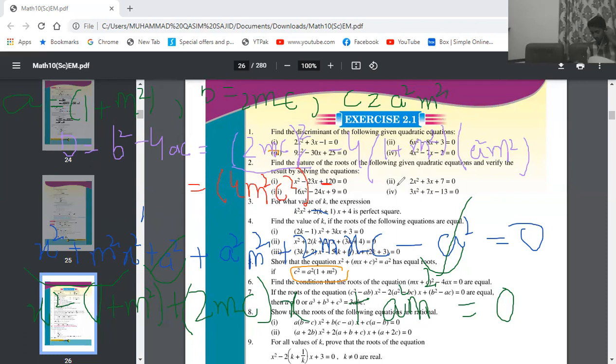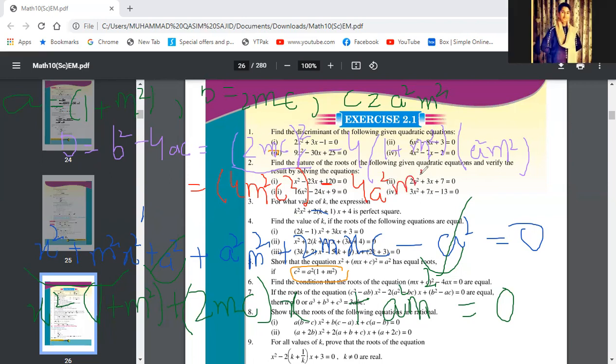minus, now multiply this with the whole equation, so this must be minus 4 a square m square, then minus plus minus, so there must be minus 4 a square m4.